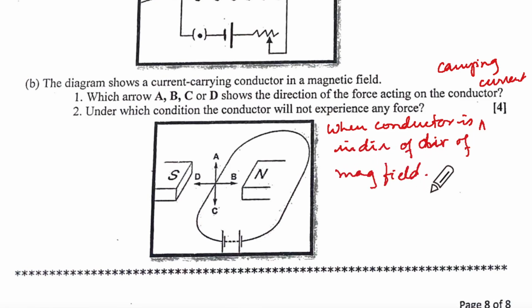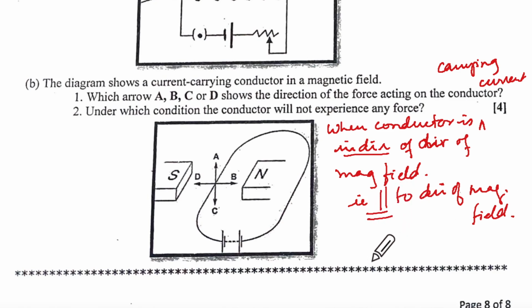I know that if I'm not careful, I would have said when the conductor is in direction of the magnetic field. It should be parallel to the magnetic field, right? Yes, in the direction of the magnetic field, that is parallel to the direction of the magnetic field. In the direction means parallel only. Okay, you are right. It is better that you show the word parallel and underline.